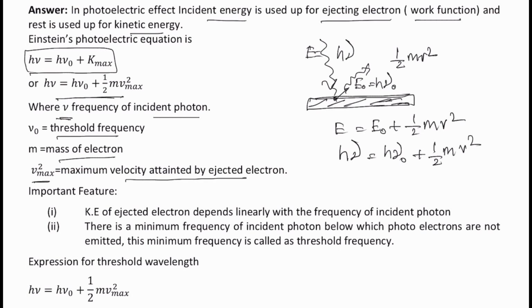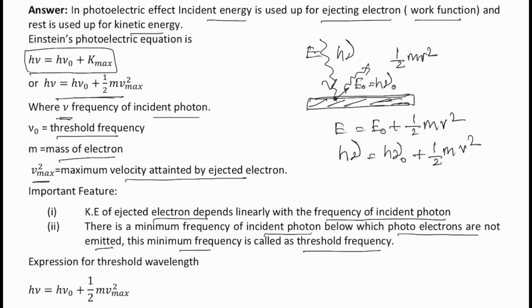Now an important feature is that the kinetic energy of the ejected electron depends linearly on the frequency of the incident light. Second, there is a minimum frequency of the incident photon below which photoelectrons are not emitted. This minimum frequency is called the threshold frequency.